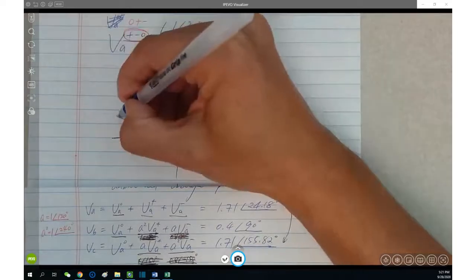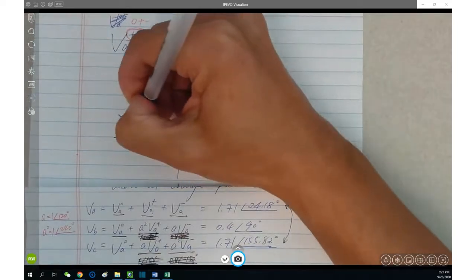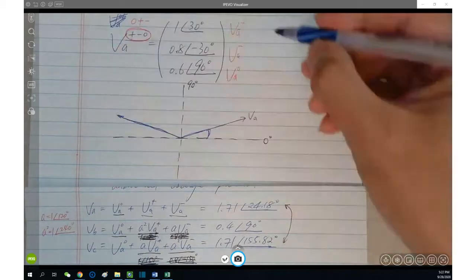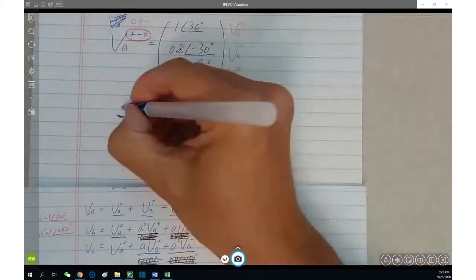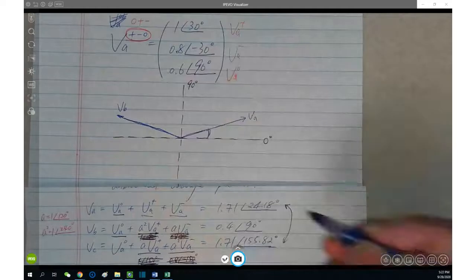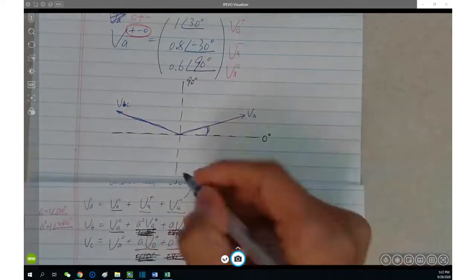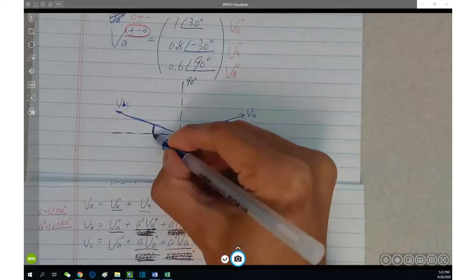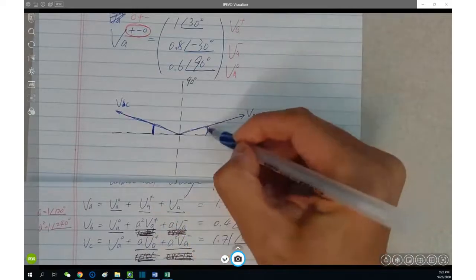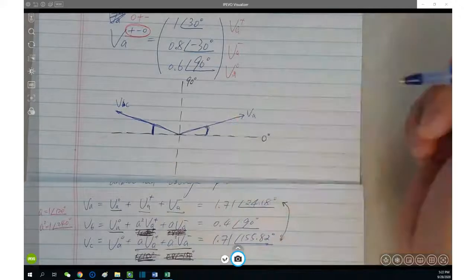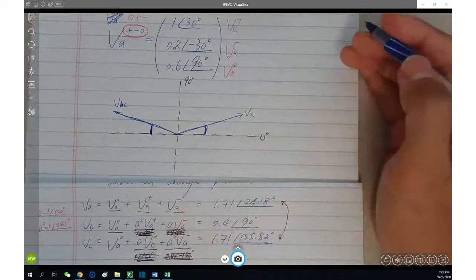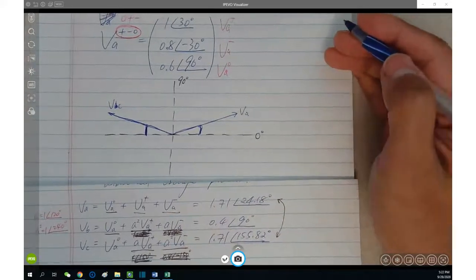So it's exactly a mirror with respect to 90 degree, right? So this is VC. Does it make sense? So here it has the same angle with here, right? Okay, so it's a mirror, symmetrical about the 90 degree.